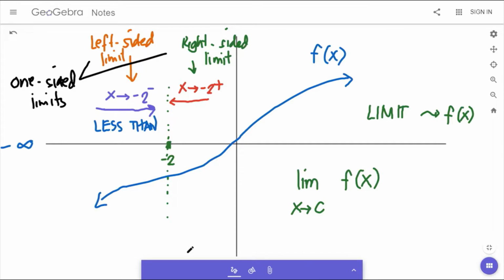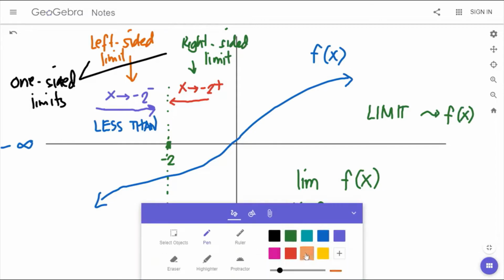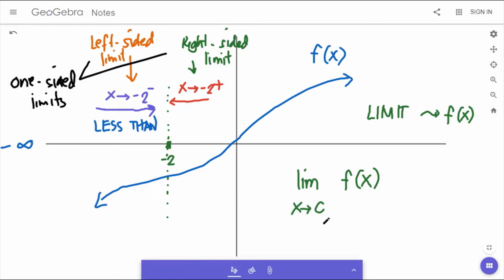So, ang ibig sabihin nito, habang nag-i-increase, let's say for example, when you talk about the left-sided limits and the right-sided limits, limit of f of x as x approaches negative 2 from the left, limit of f of x as x approaches negative 2 from the right.